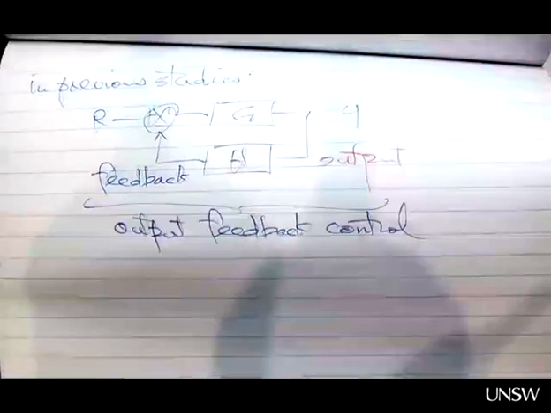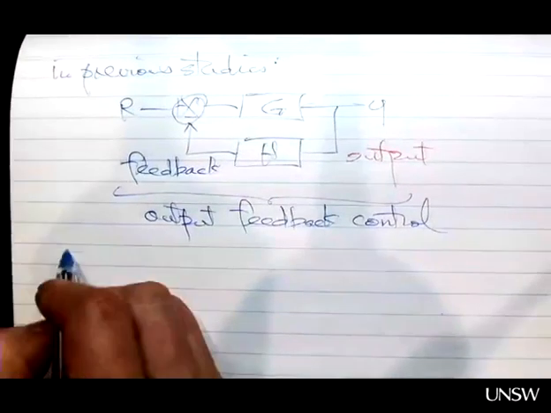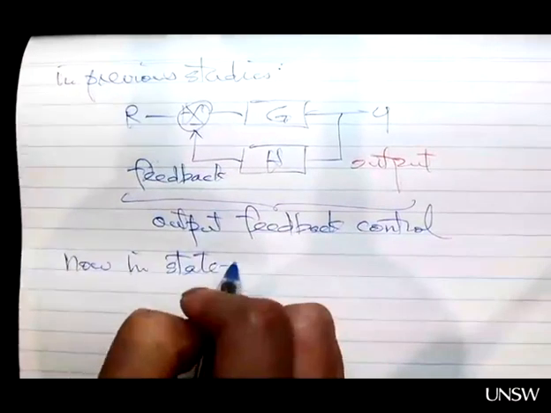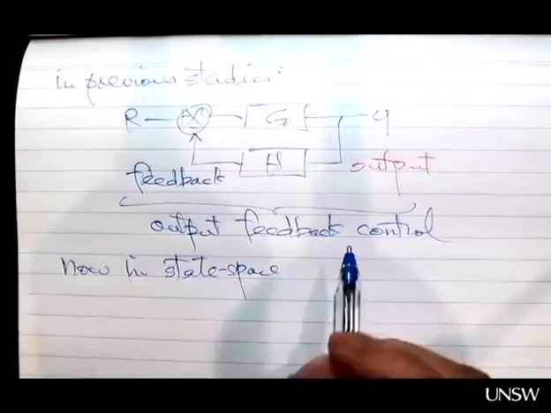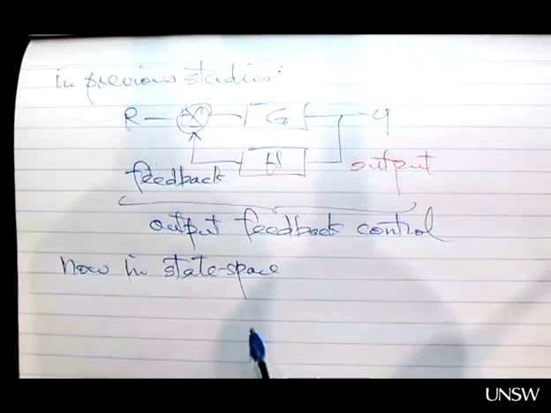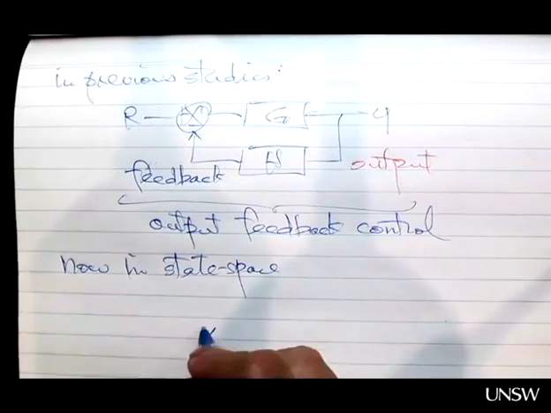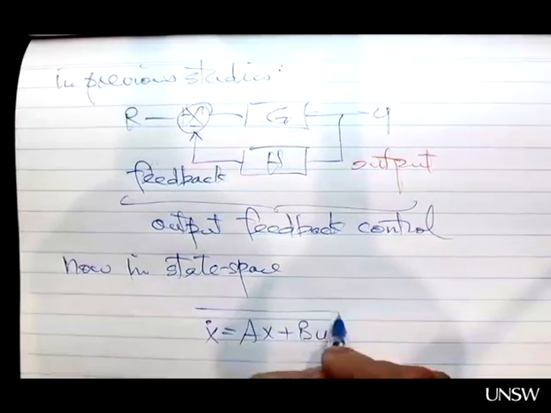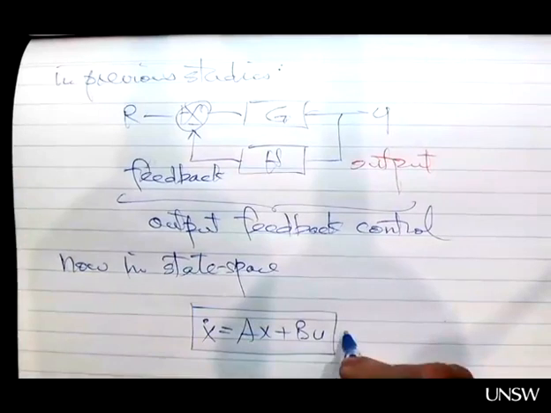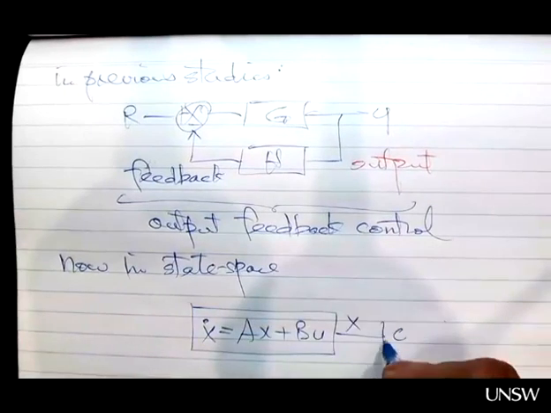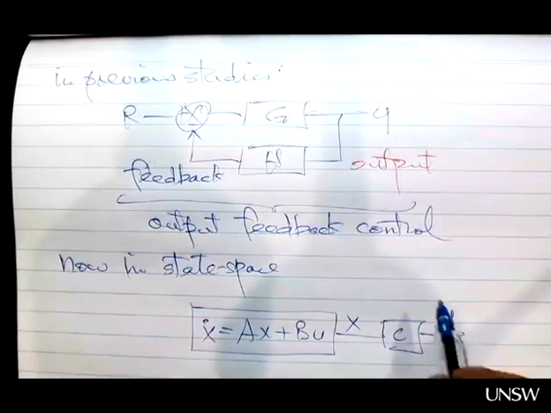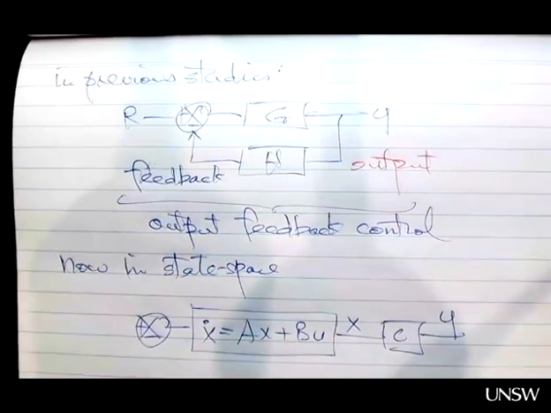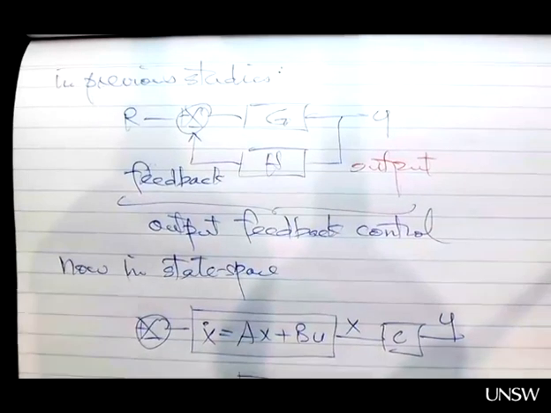Okay, now in state space, the system gives us the x, and then we construct the feedback. Now we call this simply the K, and then the reference.